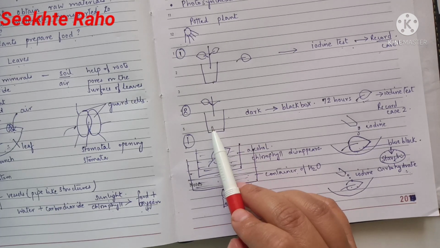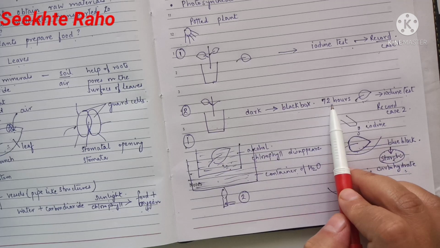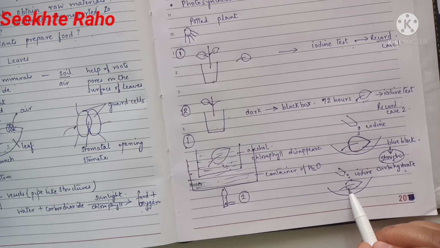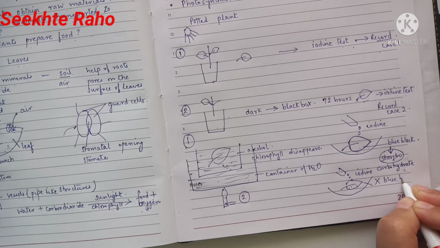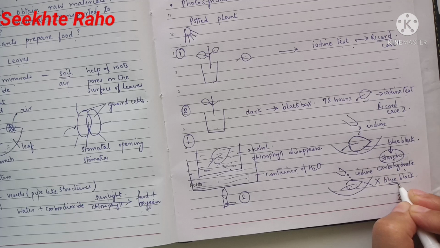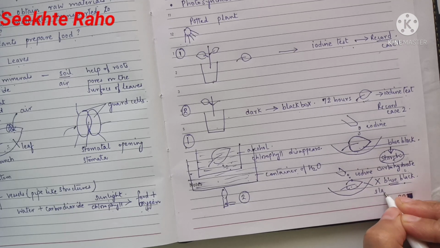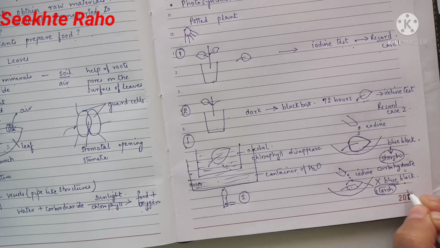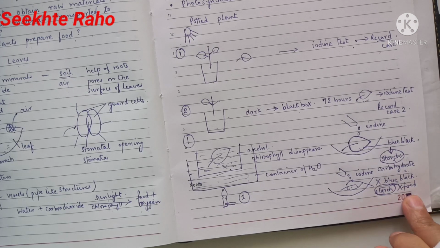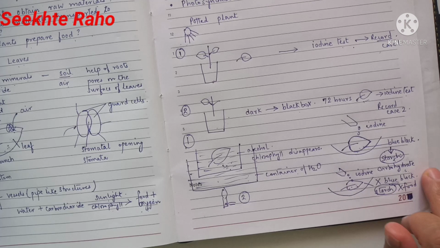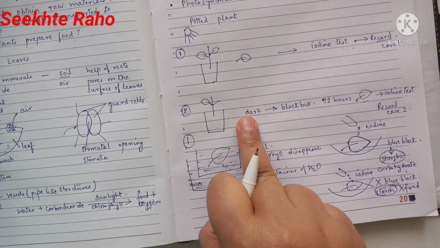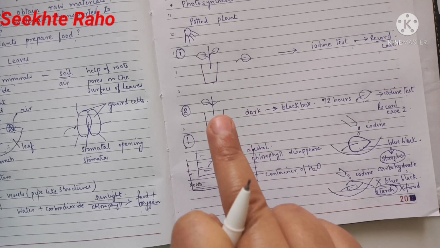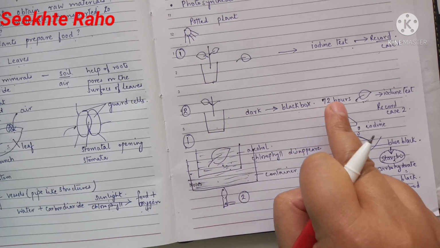Children, this plant was kept in the dark for 72 hours. This leaf, when we put iodine, does not turn blue-black. It doesn't turn blue-black, which means it has not prepared starch. It has not prepared food. That means photosynthesis has not taken place in this. Photosynthesis has not taken place because this plant was kept in a dark room for 72 hours.